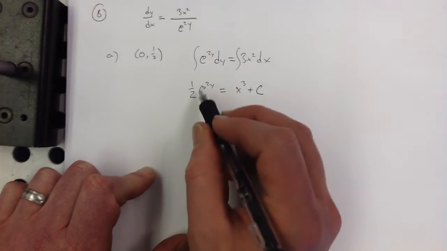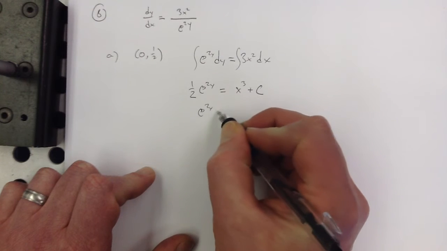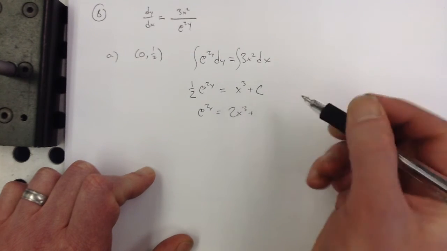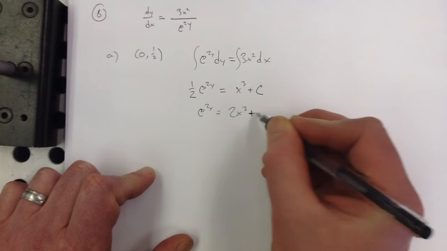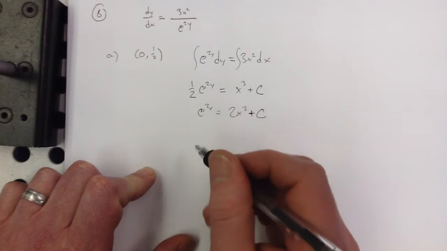Now, before I try to do any natural log business, I'm going to get this to the other side. So that's e to the 2y is equal to 2x cubed plus c. What happens to the c when you multiply by 2? It's still just c. And then take the natural log of both sides.